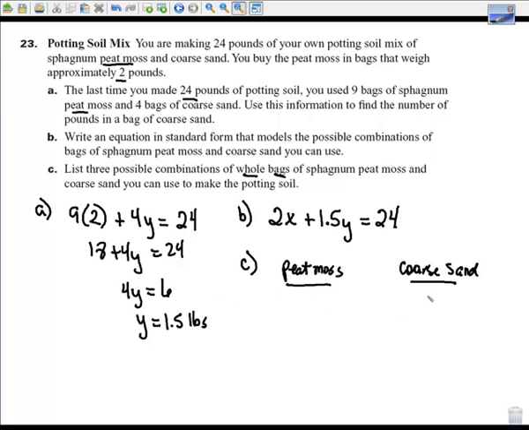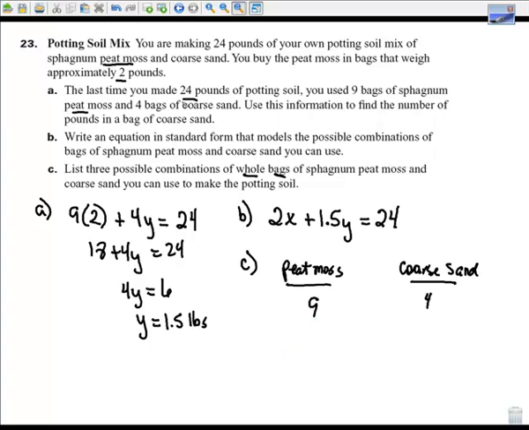Let's just say we do 4 bags. So if I do 4 bags of coarse sand, 1.5 times 4 is 6. 24 minus 6 is 18. Divided by 2 is 9.